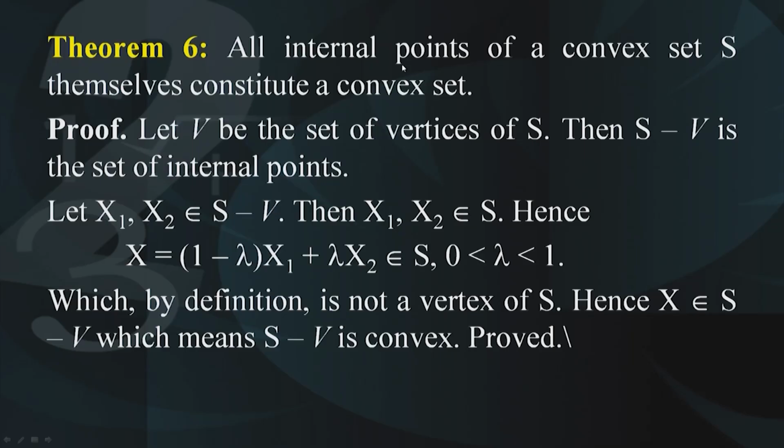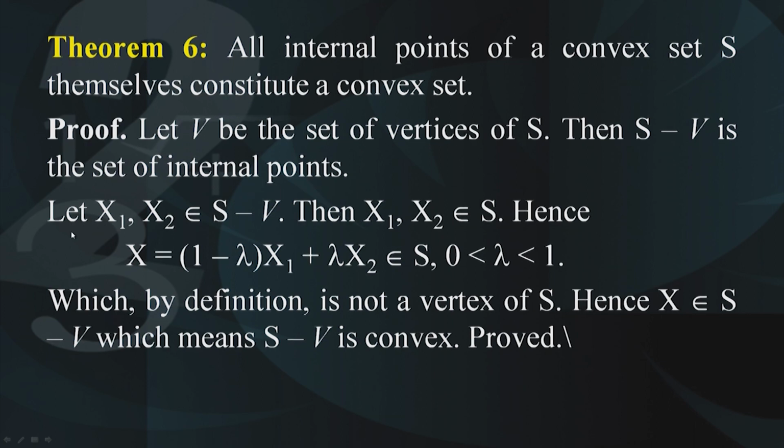Let us look at another theorem, theorem number 6. All internal points of a convex set S themselves constitute a convex set. Now, the proof of this: let us suppose V is the set of all vertices of the set S, then the difference, that is S minus V, is the set of all internal points.